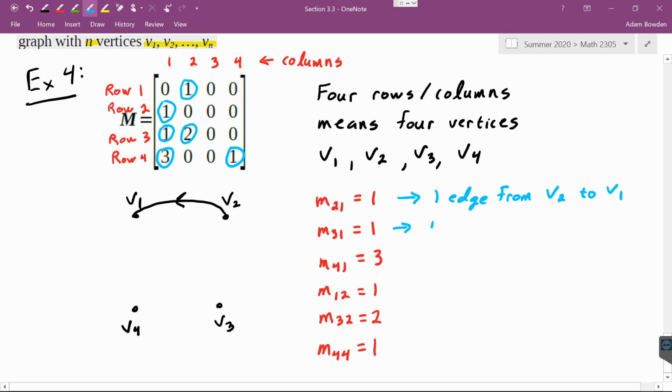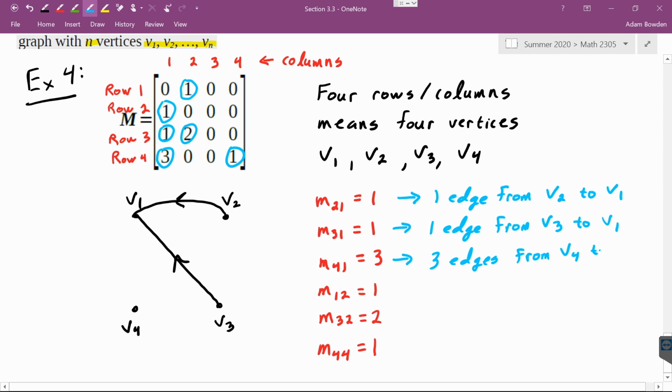This next one says to draw one edge from V3 to V1. So I'll draw an edge from V3 in the direction of V1. And then the next one says we actually have to draw 3 edges from V4 to V1. So I draw all 3 of these, all going in the same direction.